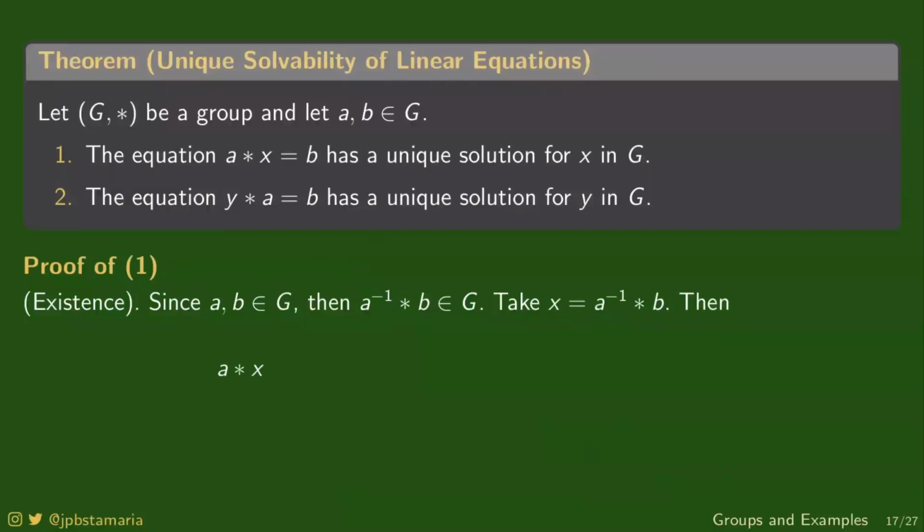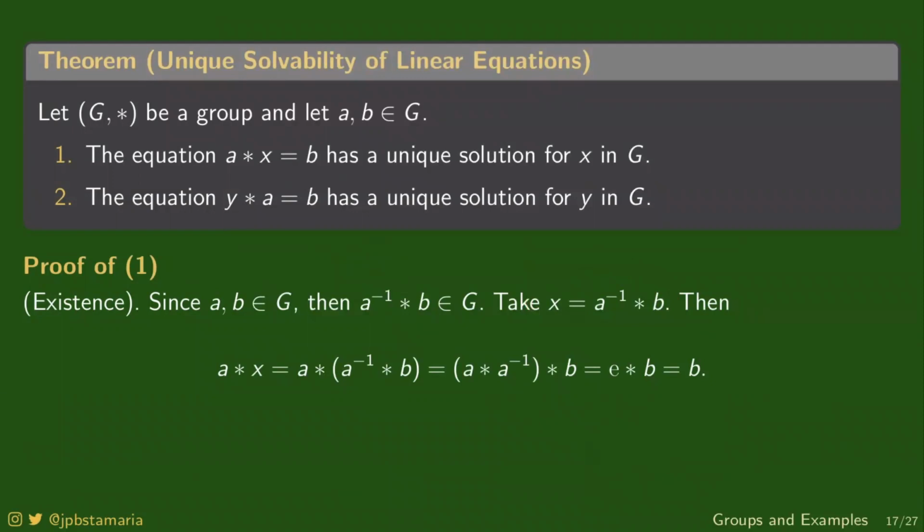Yan. Paano? Compute nyo A times X. You will get A times A inverse times B. Use associative property. G3. That's E, and then finally G2, and that gives you a B. Therefore, AX is equal to B. What does this prove? This proves that this is a solution.